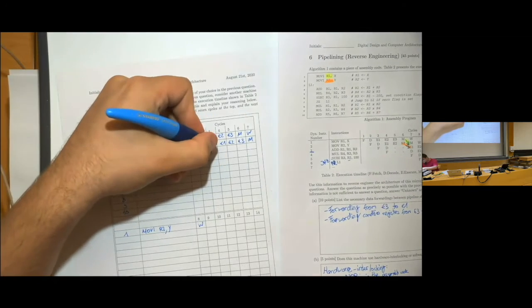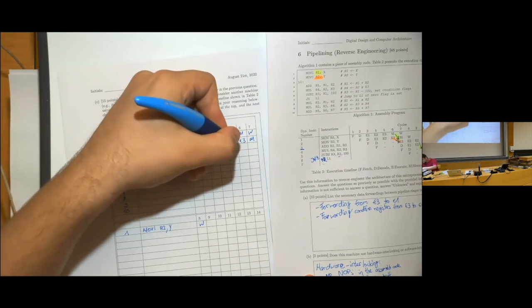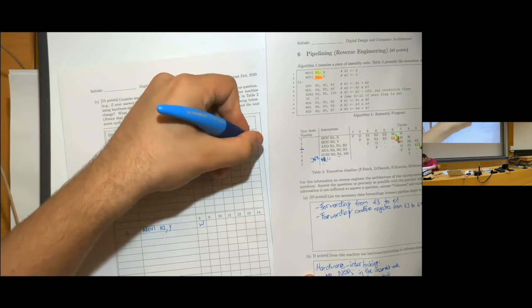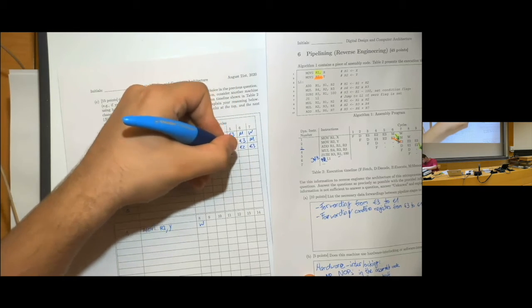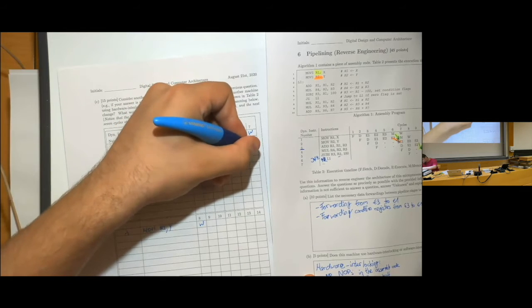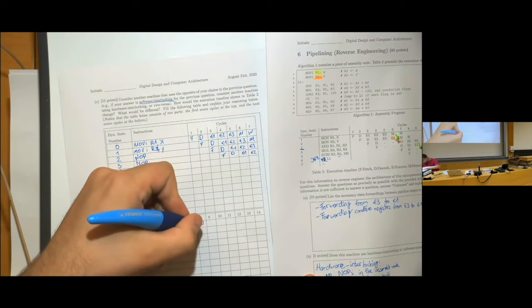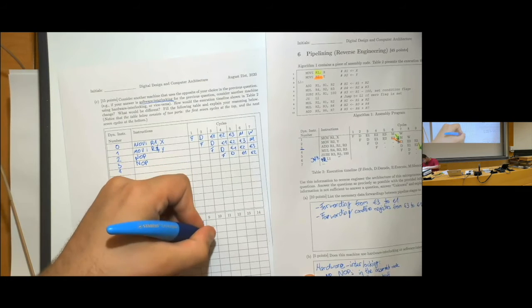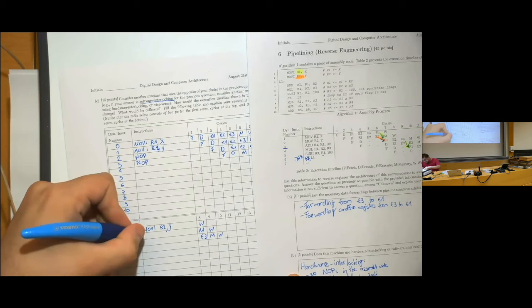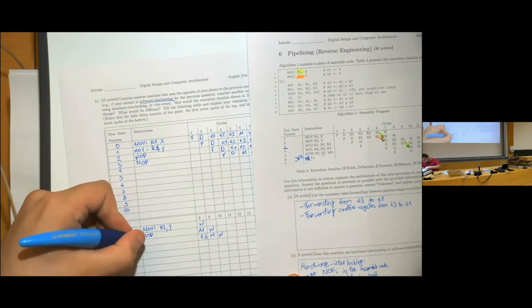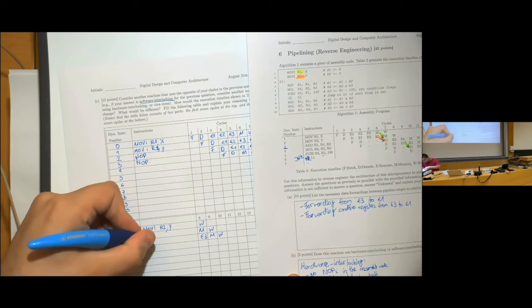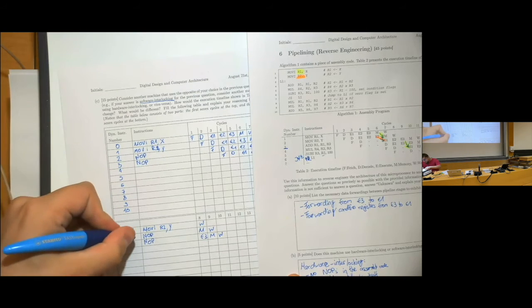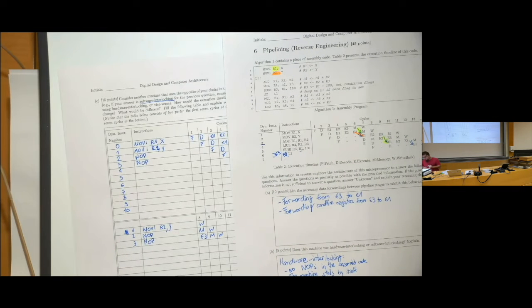So let's write also the timeline here: fetch, decode, E1, 2, E3. Okay, so these are no-op, no-op. This should be 1, 2, 3. Okay.